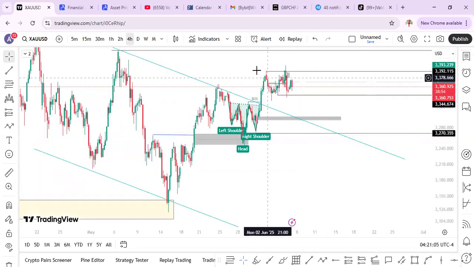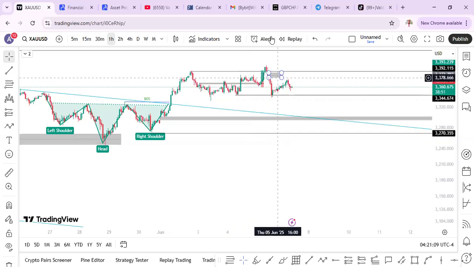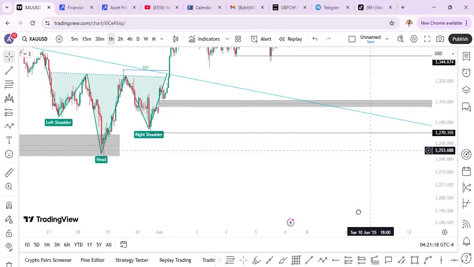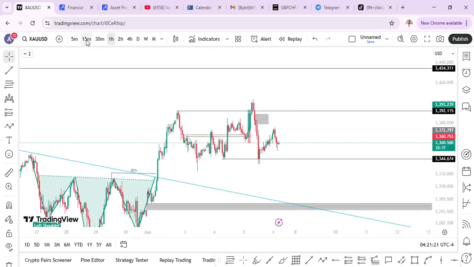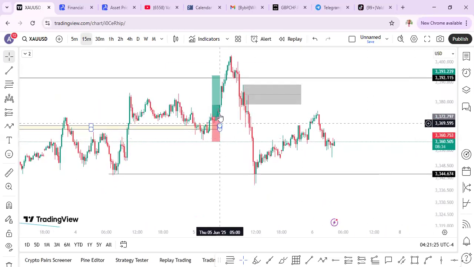Likewise, gold. Yesterday, I pointed out, and some of us on this call took the buy, and it hit TP. That was nice during the session. This is the gold.